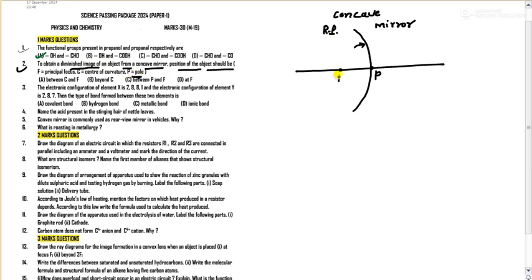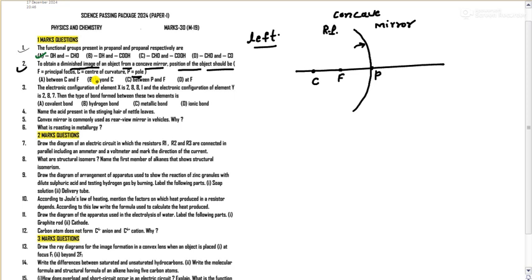Then we have F, that is the principal focus, and this is C, the center of curvature. So the object will be on the left side. Now, to obtain a diminished image, what should be the position of the object? Okay, this is the question.